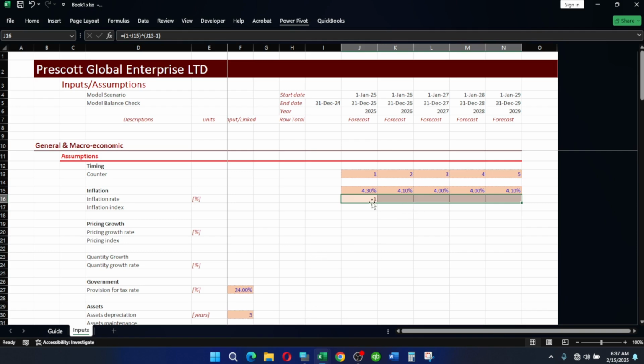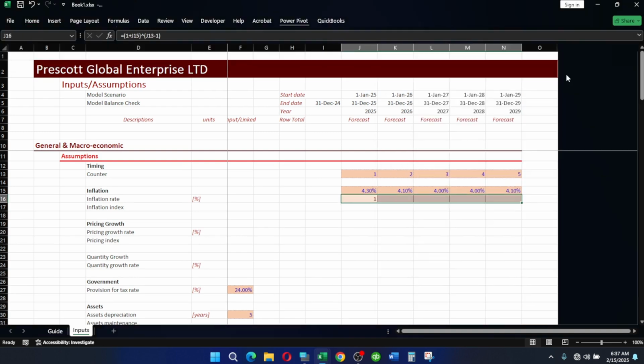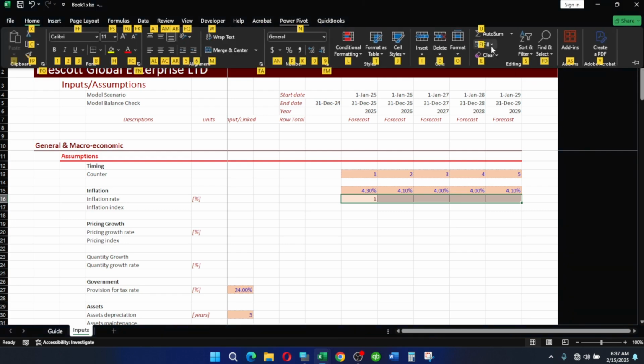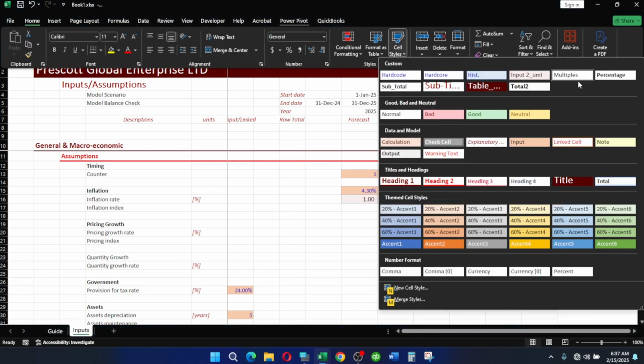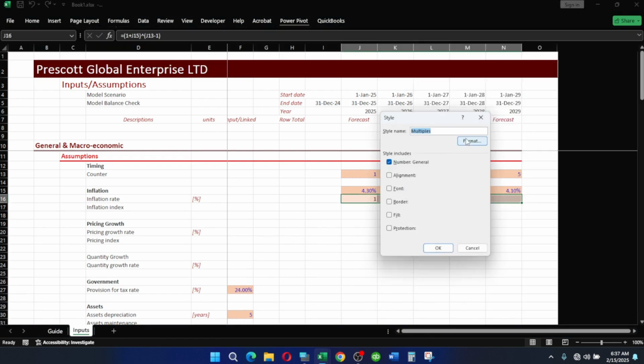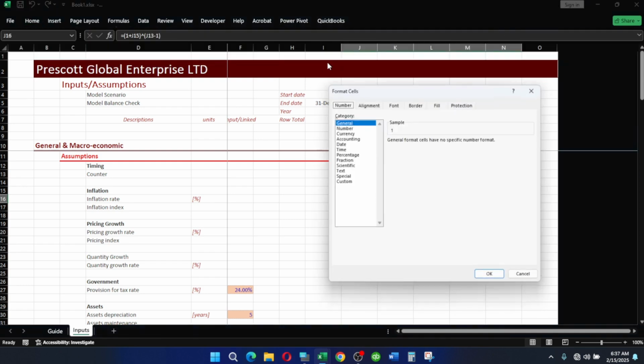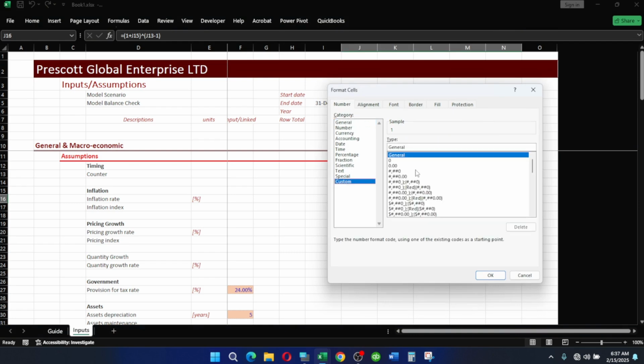I'm going to say custom. So it's going to be 0.00.